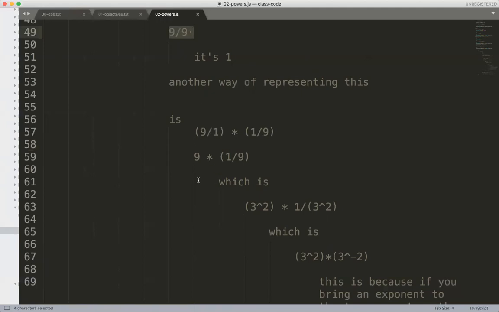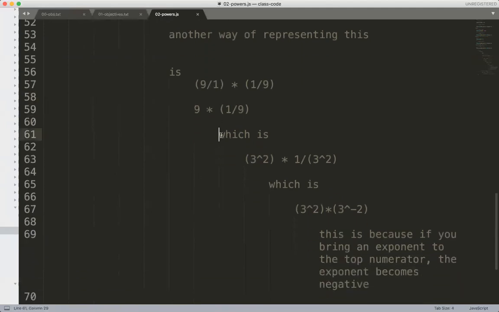And then over here, I can take 9, and 9 is just 3 squared, just like we did above. The 1 stays there, and you could just represent the 9 by 3 squared, right here on the bottom.